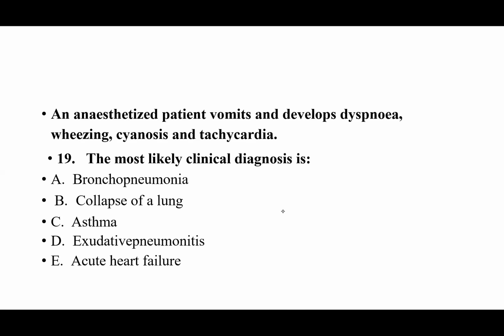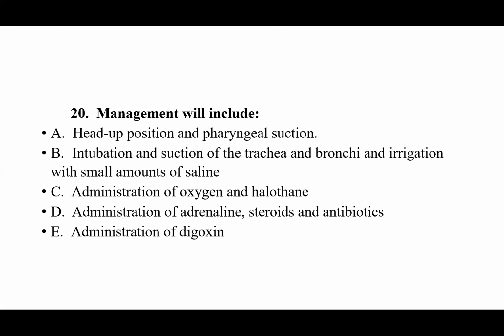The most likely clinical diagnosis: A, bronchopneumonia; B, collapsed lung; C, asthma; D, exudative pneumonitis; E, acute heart failure. What is the answer? Exudative pneumonitis. Why do you say so? Because it is characterized by cyanosis, bronchospasm, dyspnea, and tachycardia. And it's usually following aspiration of what? Vomiting. All right.